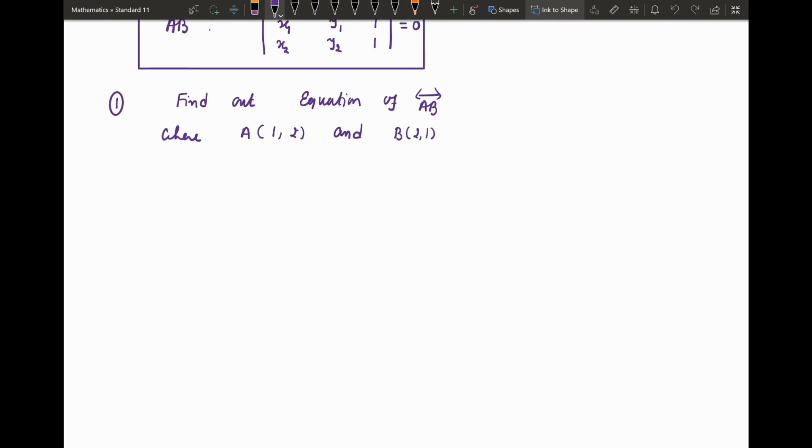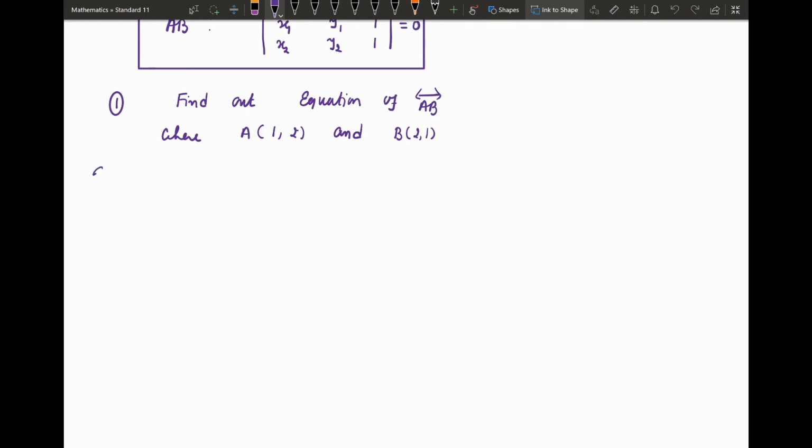Find the equation, equation means Cartesian equation. Cartesian x y coordinates are known as Cartesian coordinates. So we will evaluate the Cartesian equation of line AB.